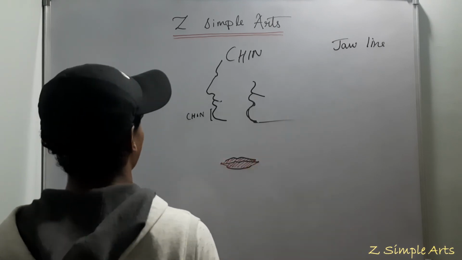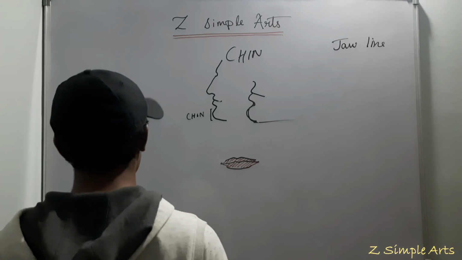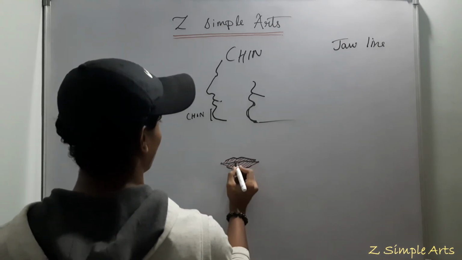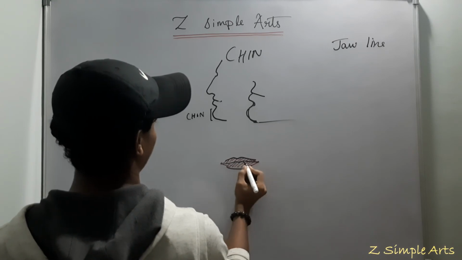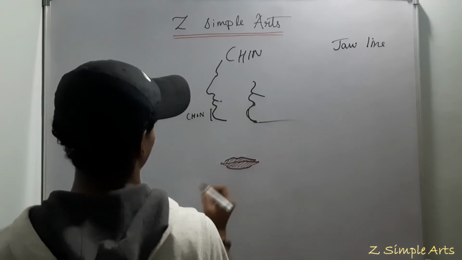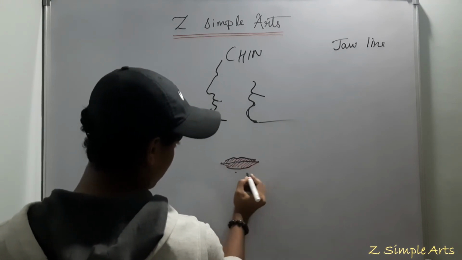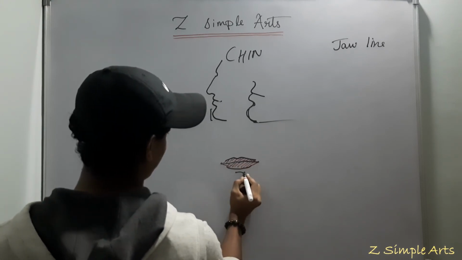So after you draw the lip, start with this basic thing wherein you remember the two elevations at the junction of two lips. Exactly below that, draw 2 points and join them.